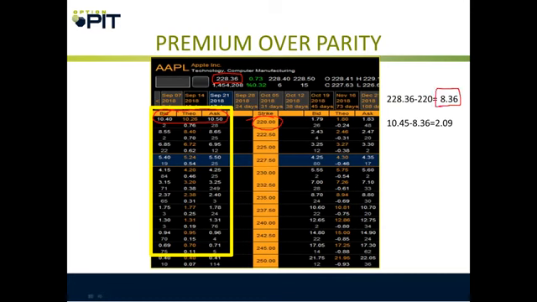That is parity. Well, the option is actually $10.45. So $10.45 minus $8.36 is $2.09. So there's $2.09 of risk premium, or insurance value, in that 220 call.